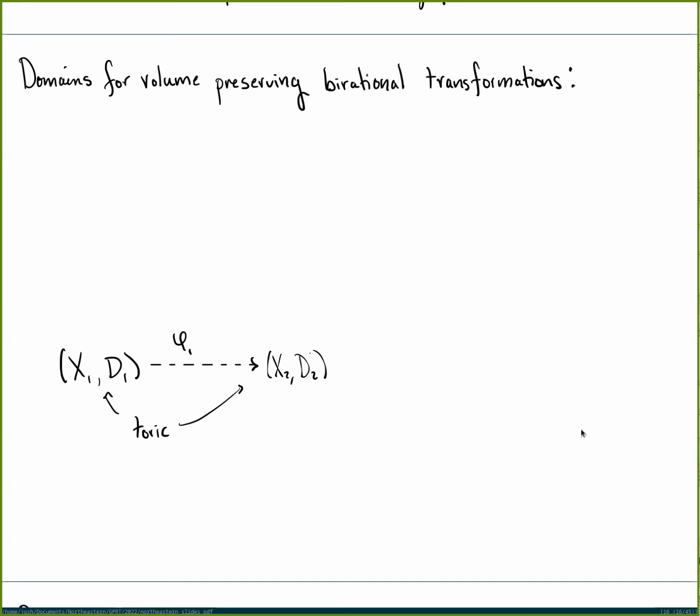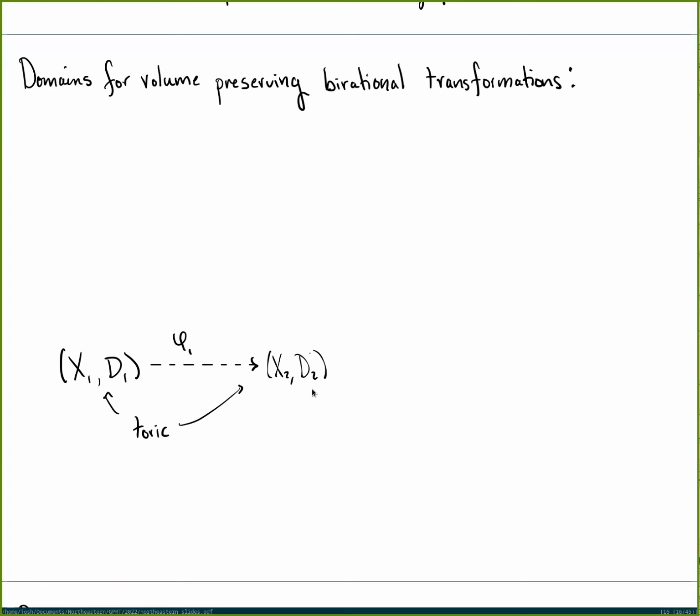That tells me that I get some sort of birational morphism of log Calabi-Yau surfaces, meaning that phi is going to send X1 to X2, and where it's defined, it is going to send D1 to D2.